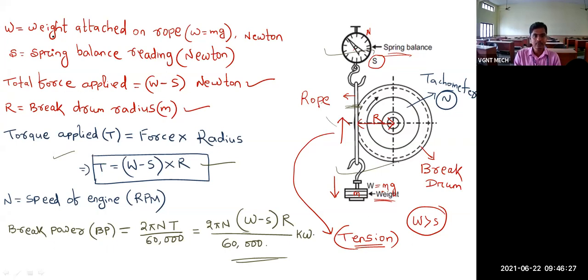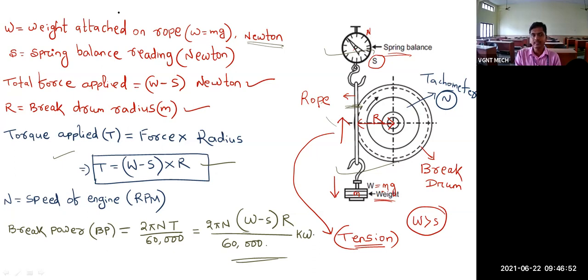So capital W is the weight attached to the rope, and how to measure the value of this weight? W equal to M into G, this much Newton. Second, the spring balance reading will be indicated in Newton. Whatever reading you get from this indicator will be in Newton.